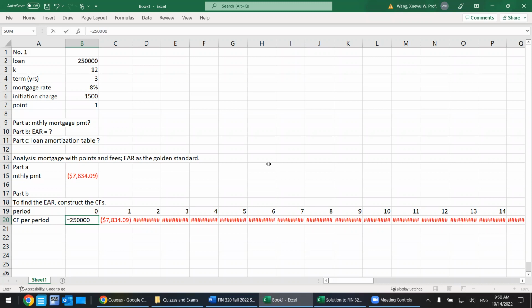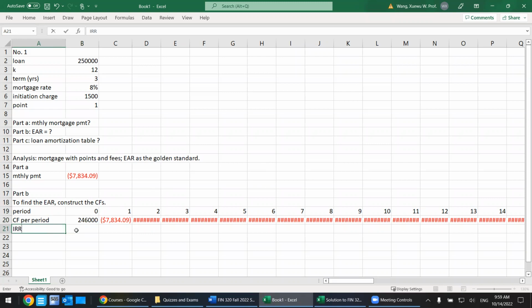The amount you get is going to be less than that because the bank is going to deduct those points, those fees upfront. So you're going to subtract 1,500, that's the initiation charge. And then you're going to subtract 1% of the amount you borrow, so that's 1% times the 250,000. So in other words, today you're going to get only $246,000.